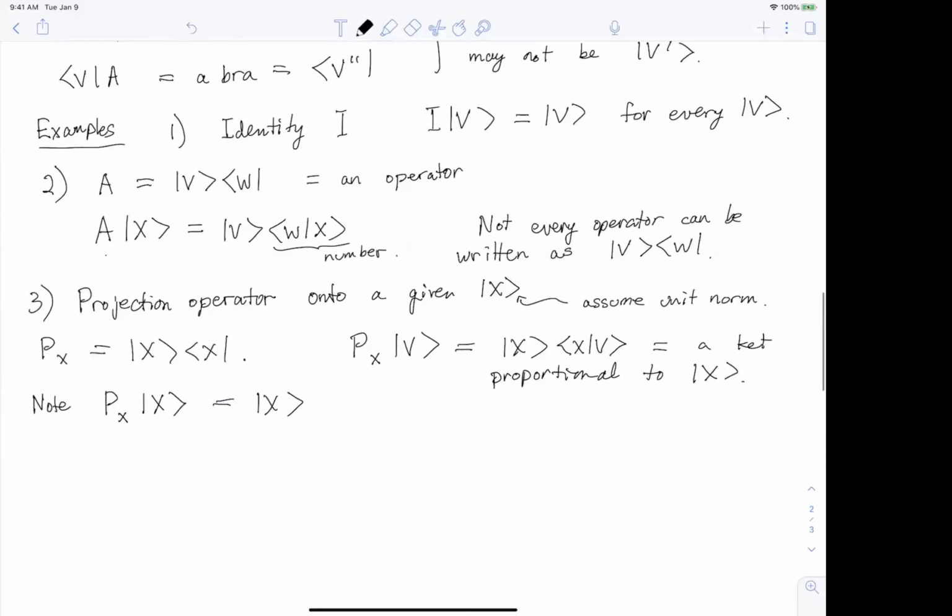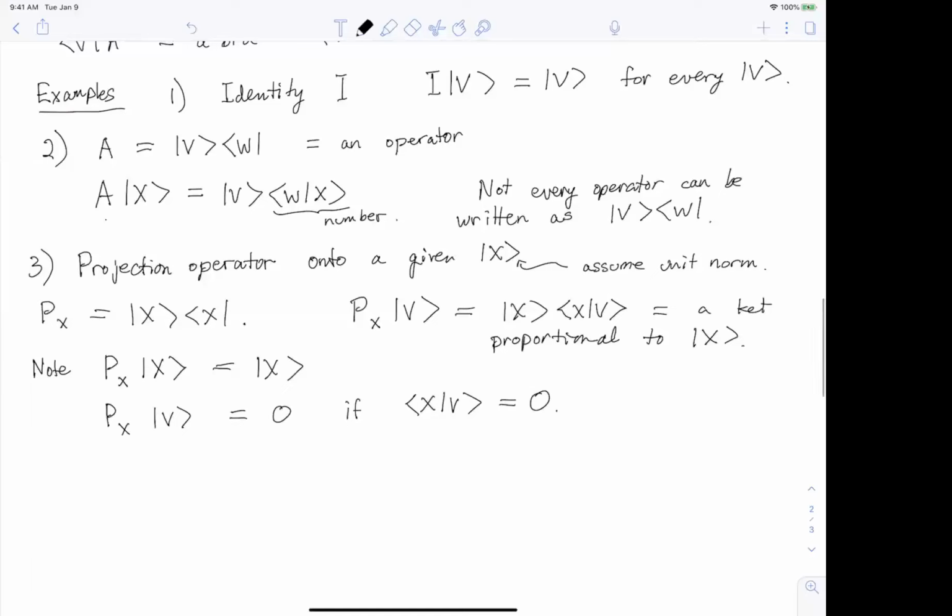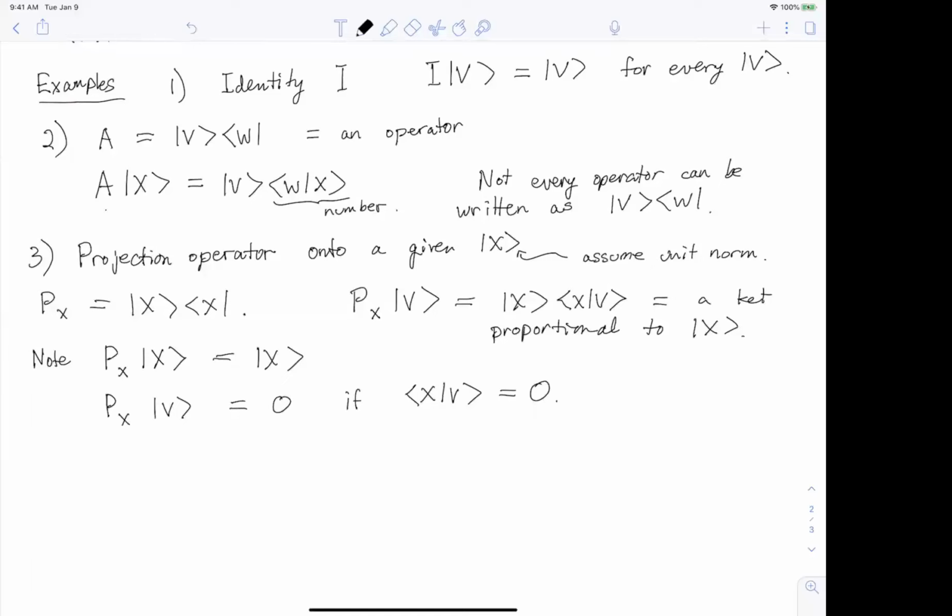And if I project onto anything orthogonal to x, let's call it v, I'm going to get 0, or the null ket, if they're orthogonal. And so that's the sense in which it's a projection operator. It's basically throwing away everything that is perpendicular or orthogonal to x and keeping everything that's in the same direction as x.